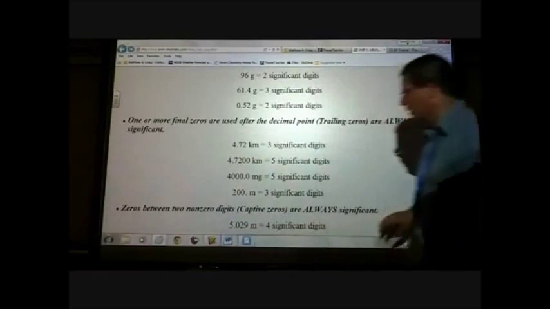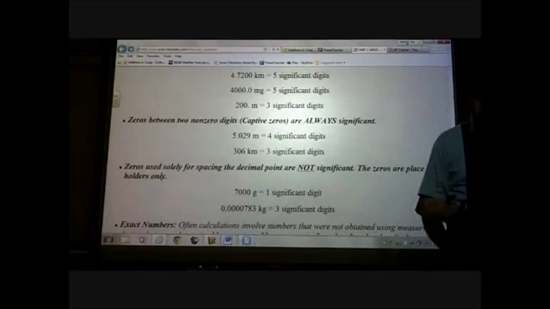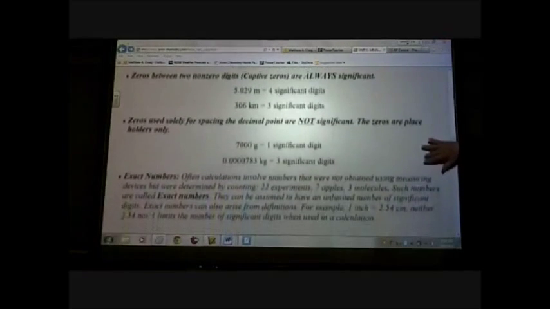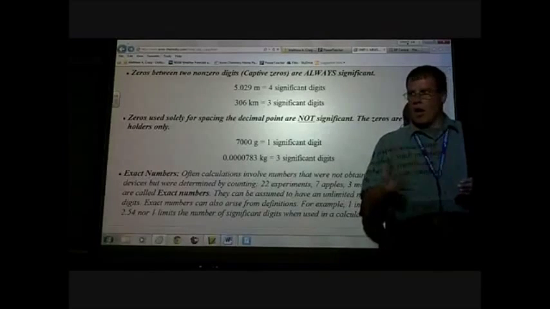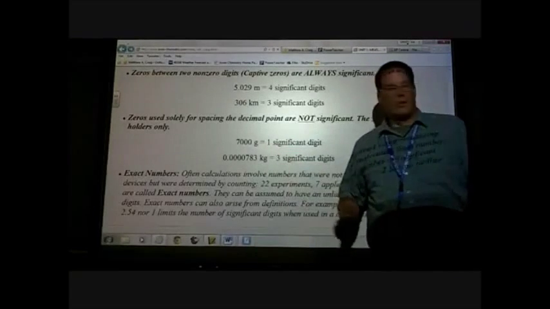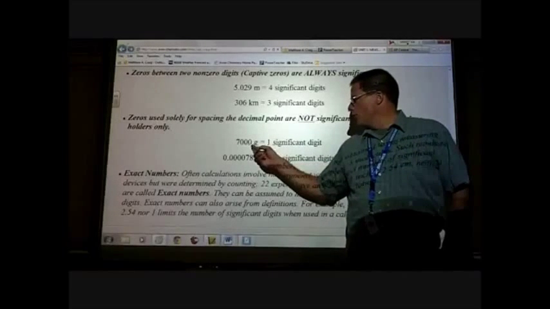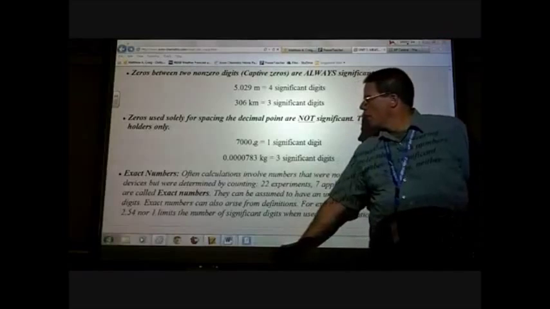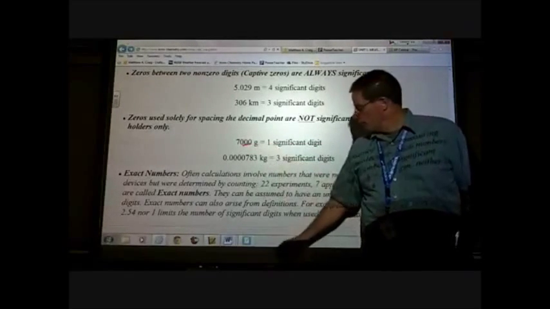We'll do some examples here in a second. Captive zeros are always significant. However, zeros that do not have a decimal before the non-zero number or even a decimal are not considered significant. This is crazy. Since there's no decimal there, only the 7 is significant. These zeros are simply placeholders.